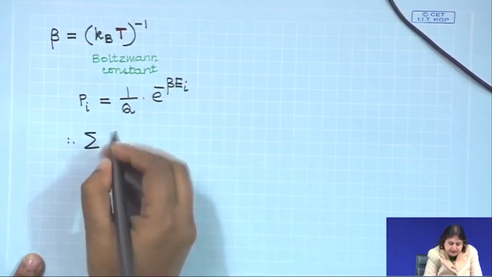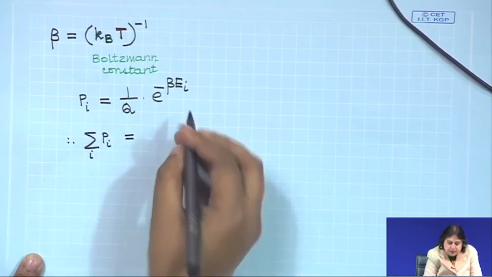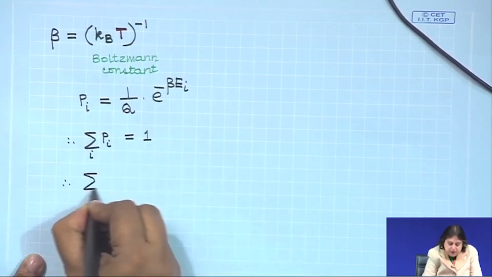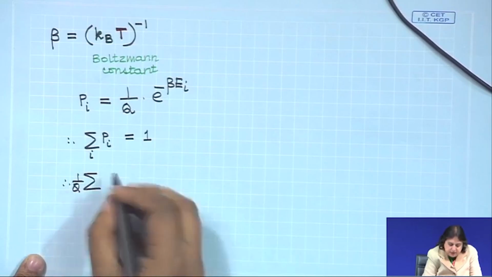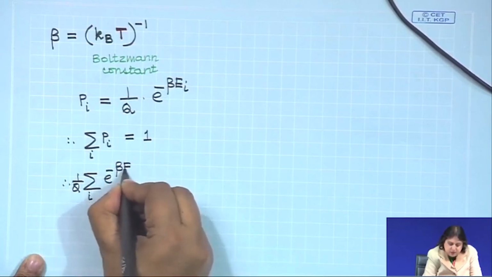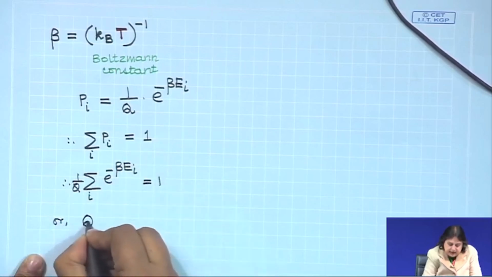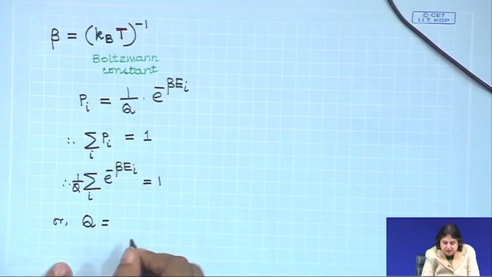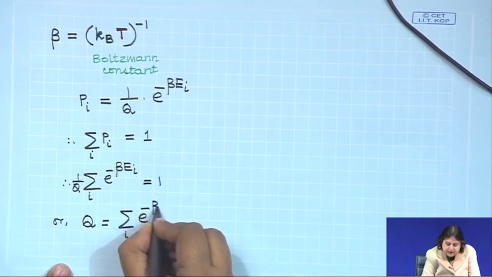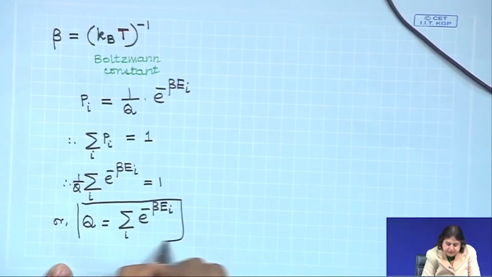Therefore, if I sum over all possible microstates i and sum over p_i, I must have 1. Therefore, doing very simple algebra, we can identify the normalization constant Q as the summation over i of e to the power of minus beta E_i. Is that clear?